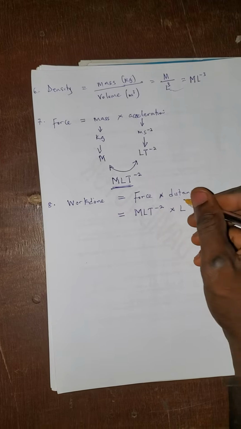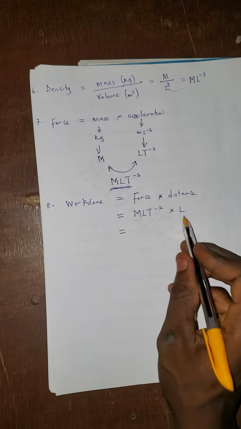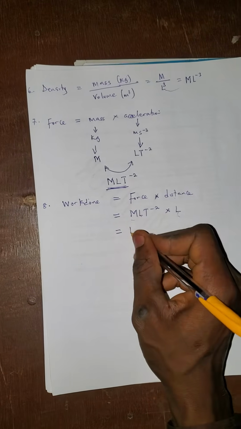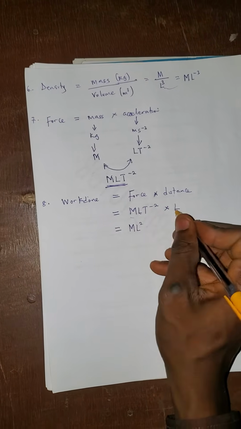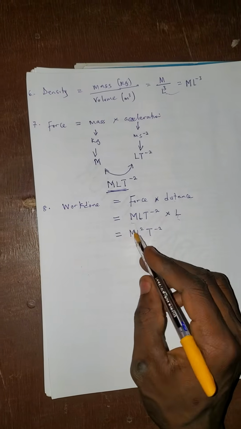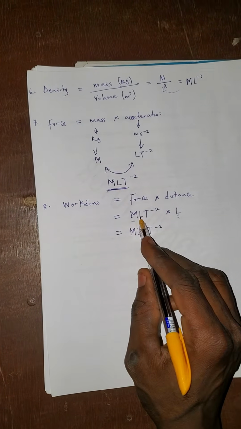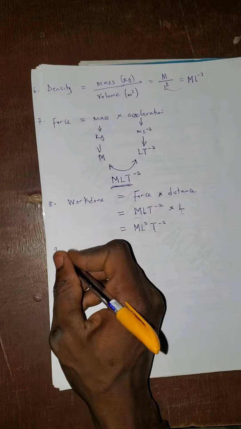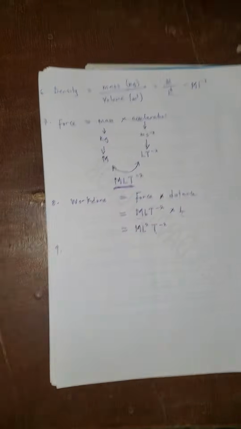If you now multiply this together, this L will multiply the L here. So we have L squared, because L times L will be L squared. Then we have T raised to minus 2, and M. So it becomes M L squared T raised to minus 2.